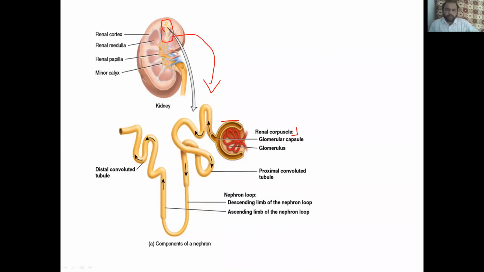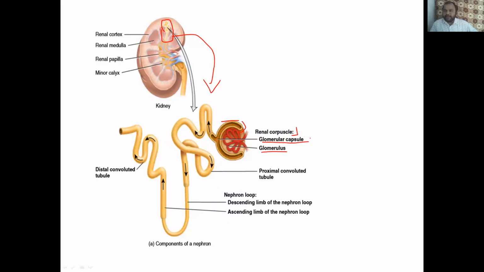Now, this tuft of capillary, only the blood capillary when we talk about it, is called the glomerulus. The network of capillary within this capsular space is called the glomerulus, and the capsular part is called the glomerular capsule or Bowman capsule.